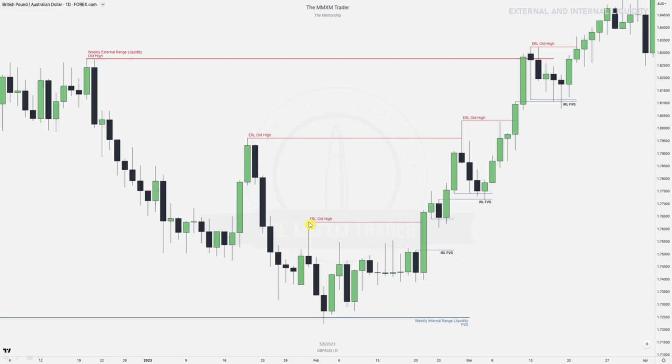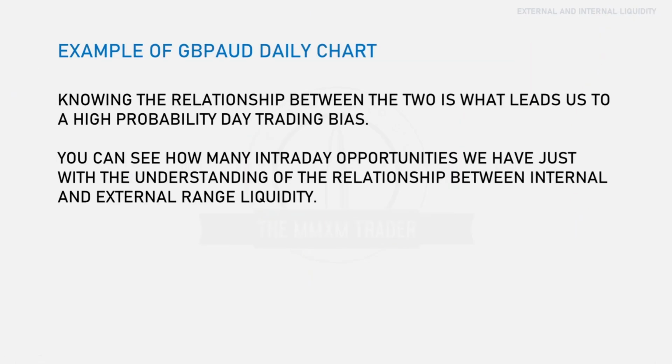We're going to an external range here, back to internal, to external, to internal, to external, to internal, and so on and so on. Knowing the relationship between the two is what leads us to a high probability daily bias. You can see how many intraday opportunities we just had with the understanding of the relationship between internal and external range liquidity.